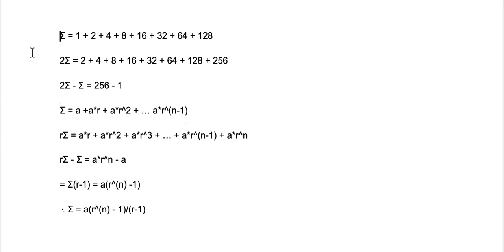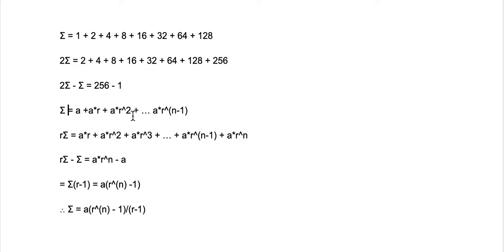Okay, so here we have sigma, right, equals A. This is the first number, which is 1, plus A times R. R is 2, so this is like 1 times 2. Okay, so we get 2, right? So 1 times 2, we get 2. 1 times 2 times 2.